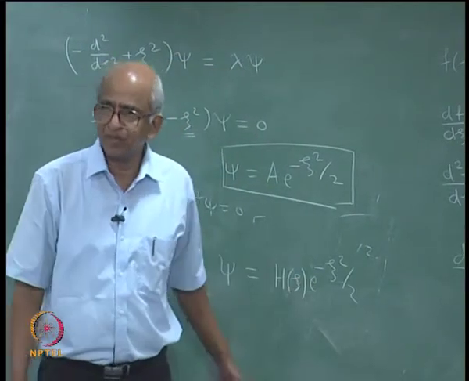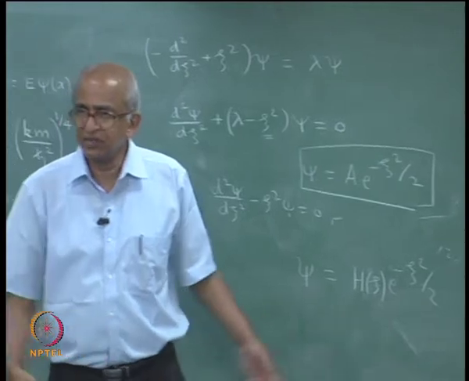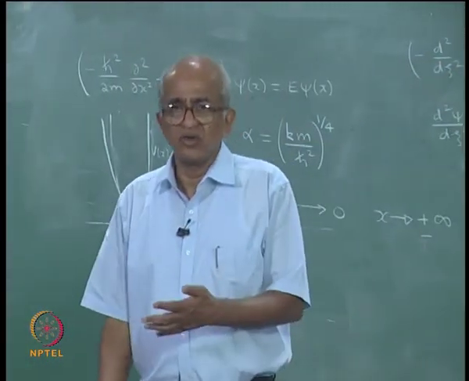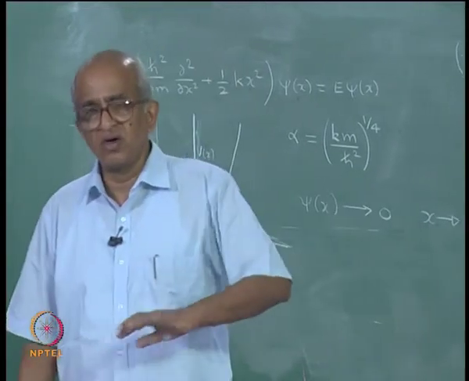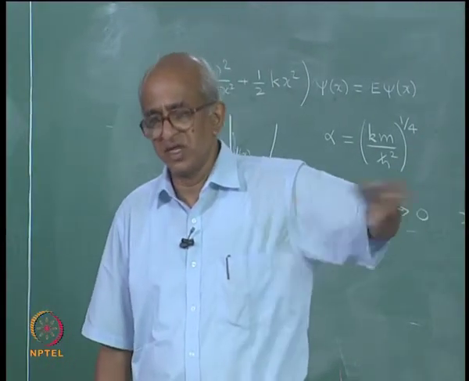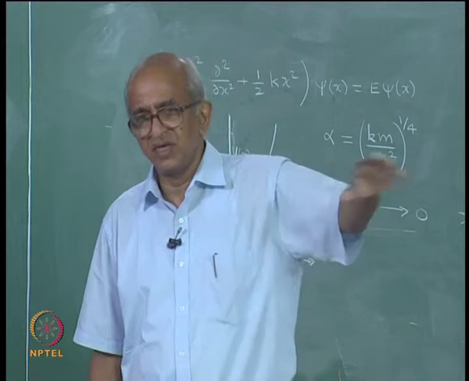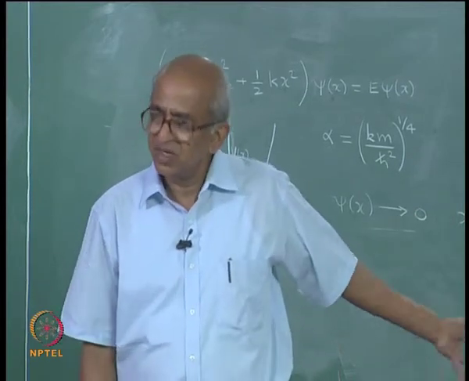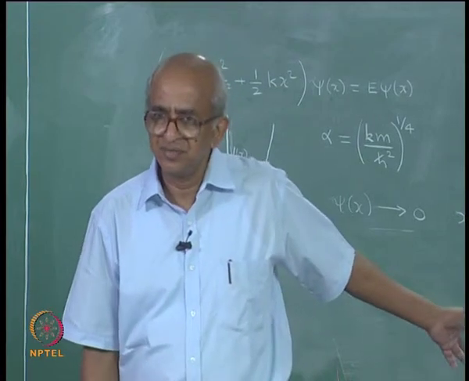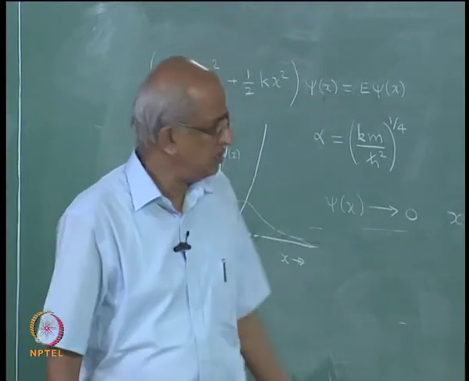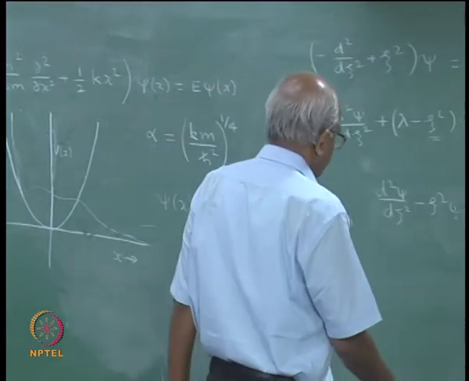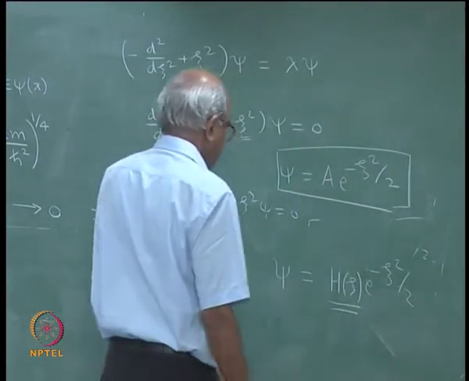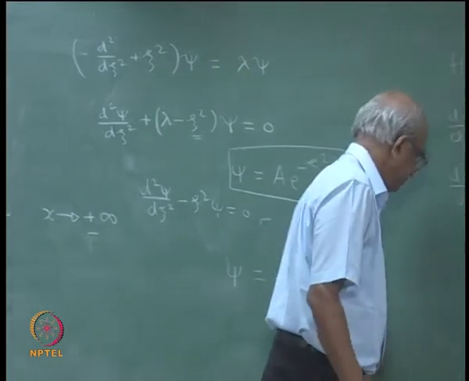It will adjust things in such a fashion that this product will become a solution everywhere, not only when c is very large, but even when c is very small, this H will see to it that that is a solution. So, what can I do? I will now have to find H.